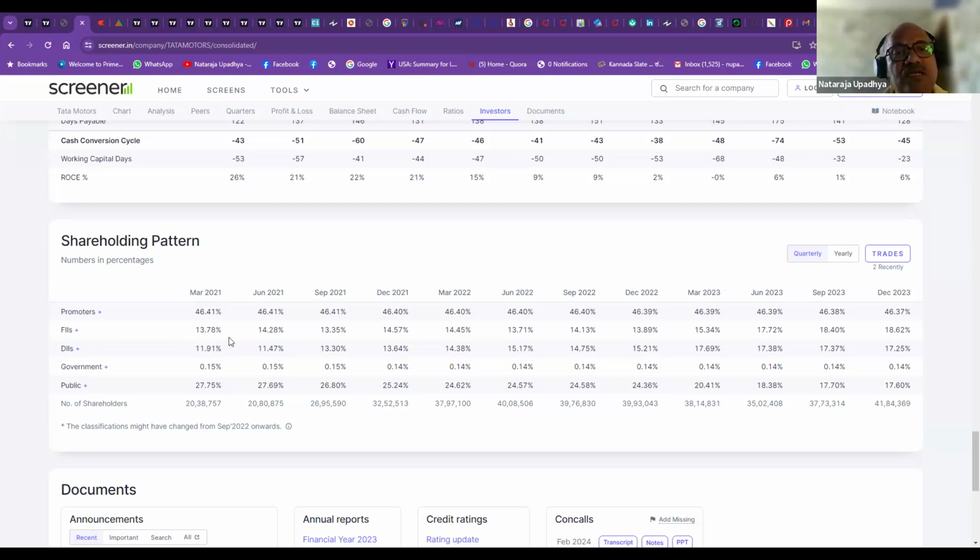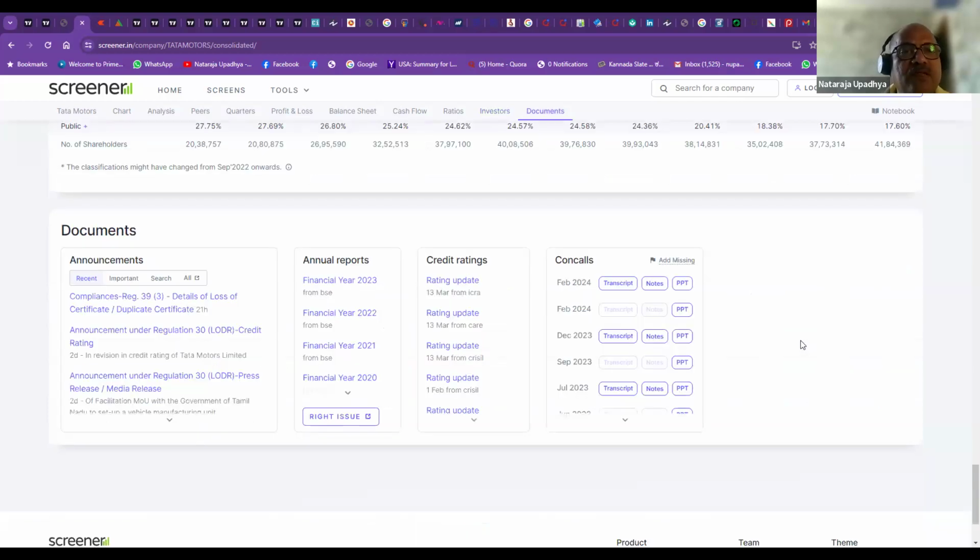You can also see the foreign investors' investment in the stock, which is 18.62%. Then domestic investors like mutual funds, 17.25%. Government investment and public is around 17.6%. This is a kind of healthy mix here.